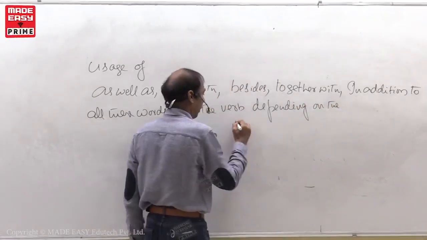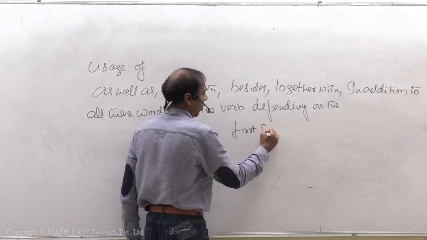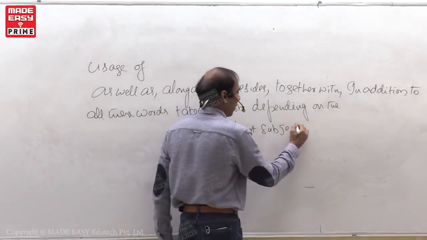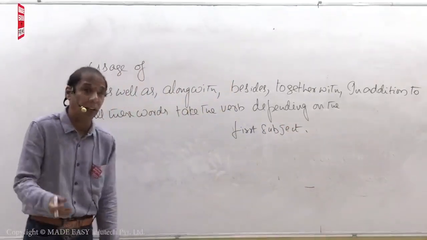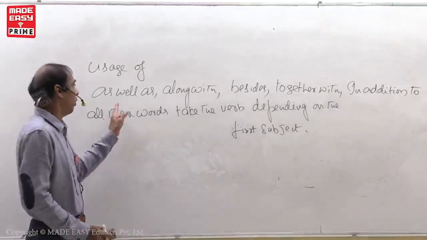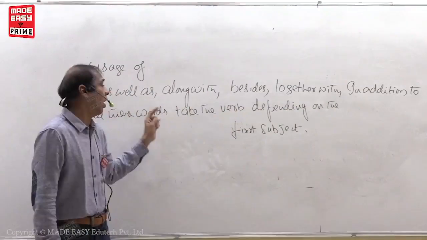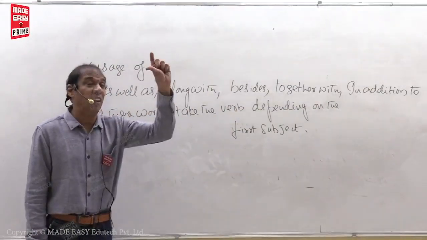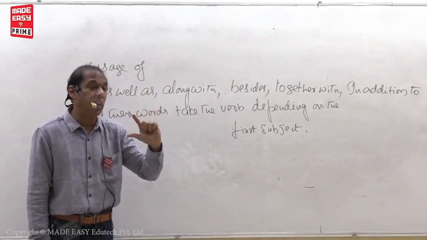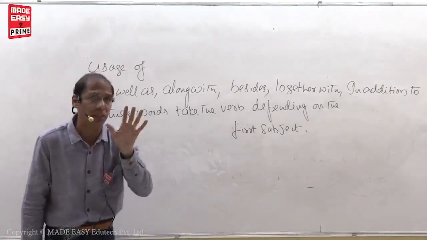depending on the first subject. Depending on the first subject. See, when we use these words, in the case of all these words, what is the first subject? Identify. Depending on the first subject, we have to accept the verb.